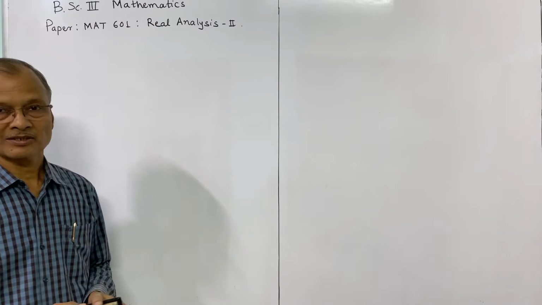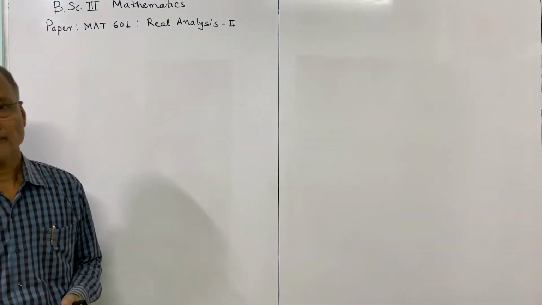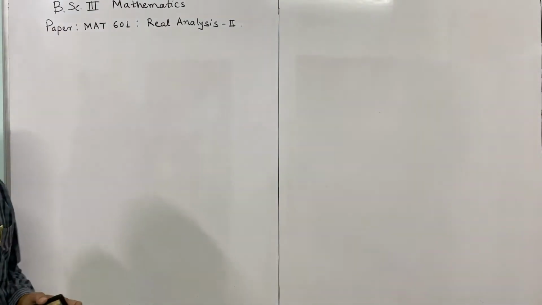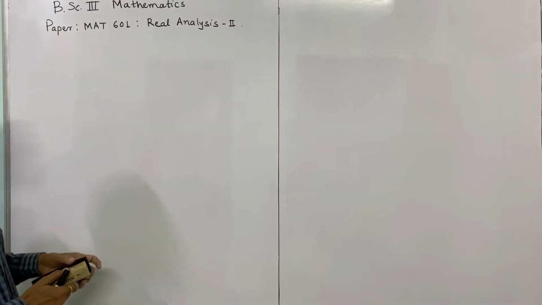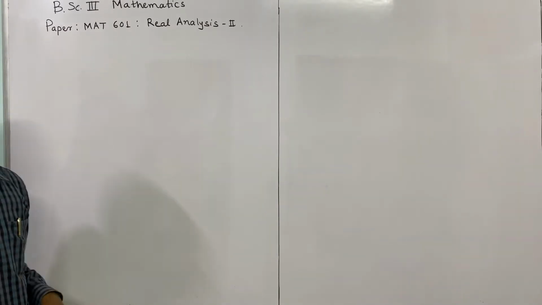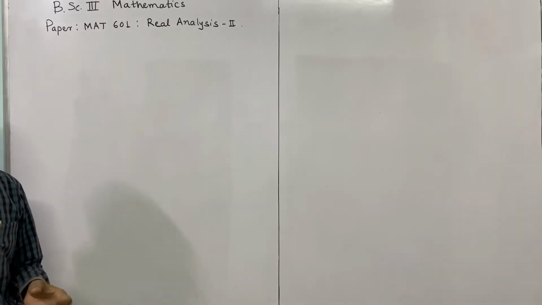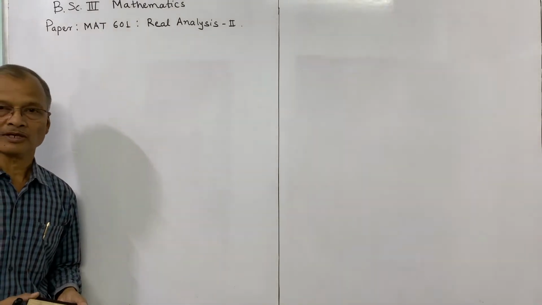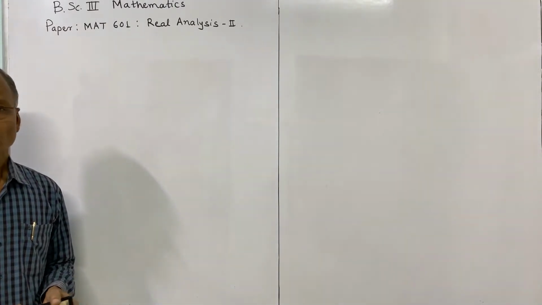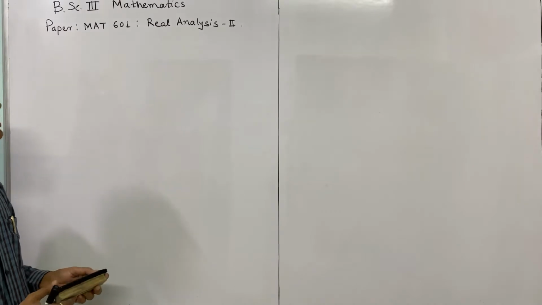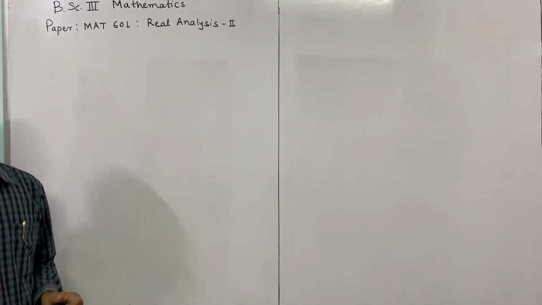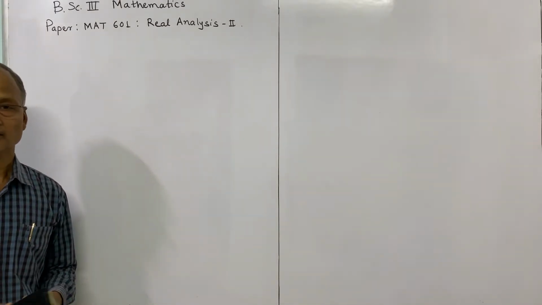In this semester 6, we will study real analysis second part, which is paper number MAT 601, real analysis second. In this paper, we are going to study metric spaces and then functions on metric spaces, open sets, closed sets.